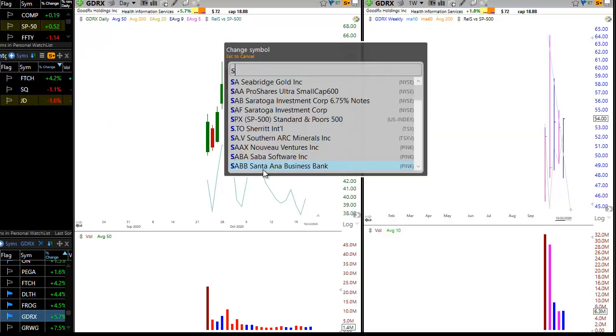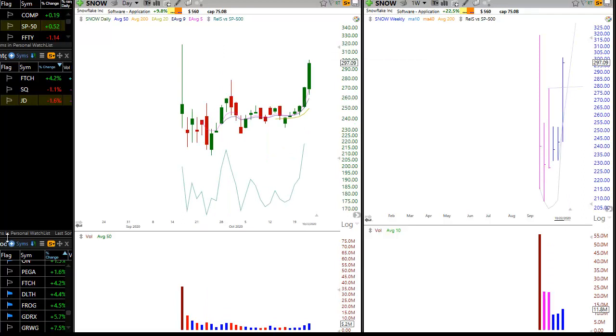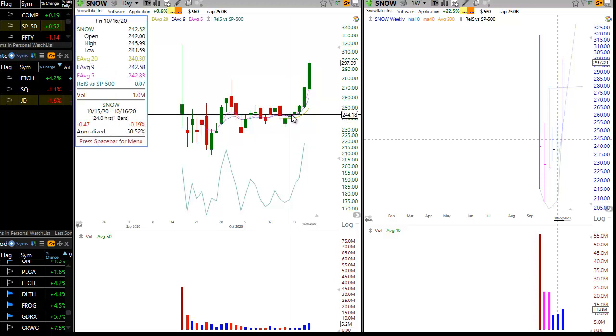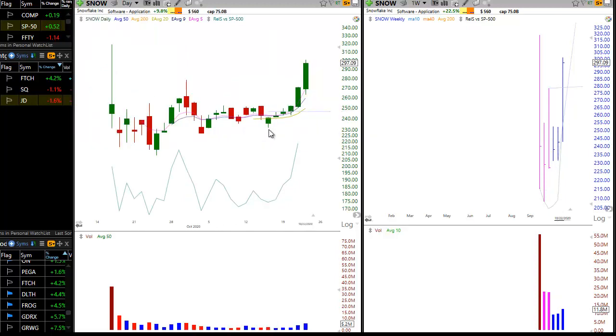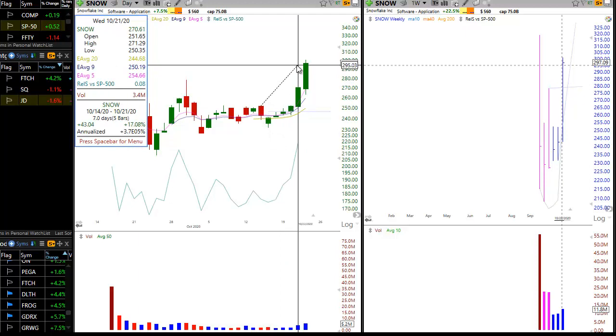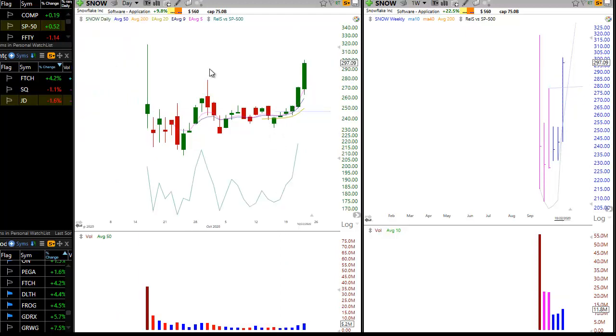And then we have Snow, which from our entry at 246, which is over the high of 1016, is now up about 18%. So as you can see, the unofficial watch list is a great place for the active and experienced trader to start each morning to get a few ideas on what could be in play that has explosive potential.